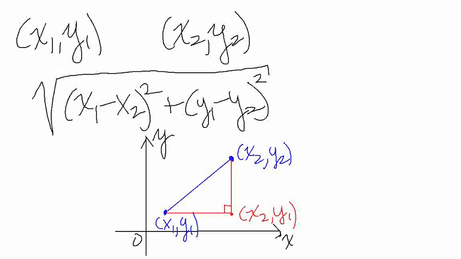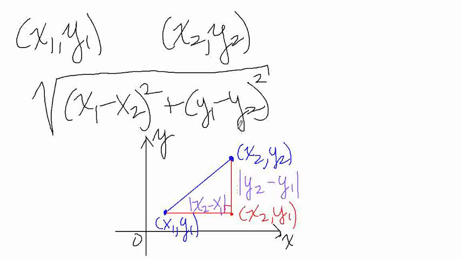All right. So when you have horizontal and vertical line segments, you can simply find the absolute value of the differences in either the x or the y coordinates. So for the vertical leg, we will find the absolute value of the difference in the y coordinates because it's vertical. For the horizontal leg, we will find the absolute value of the difference of the x coordinates because it's horizontal.